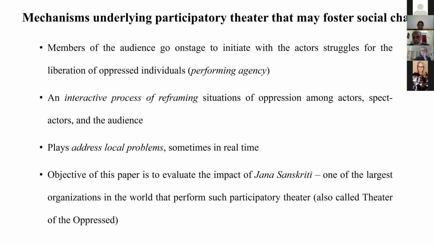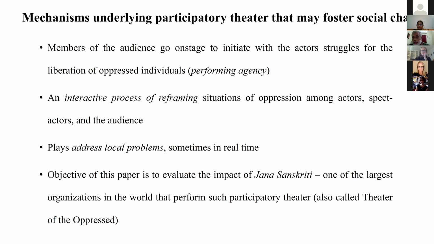We evaluate whether such participatory theatre actually led to lowering of abuse and increasing empowerment among women exposed to them. We evaluate the impact of Jana Sanskriti, which is one of the largest organizations in the world that performs such participatory theatre.